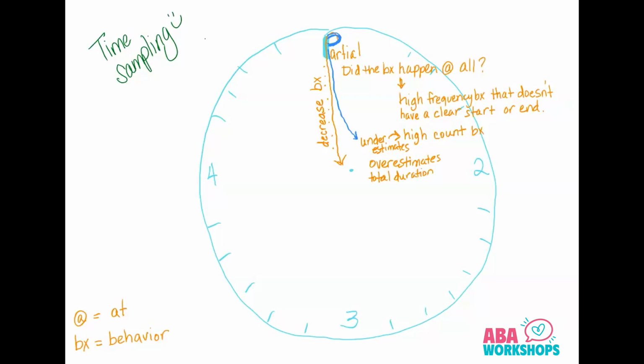You also could use maybe the A at the top here. It kind of looks like an O to help you with that one. Overestimates total duration. And that's that for partial. Those are the main tidbits to remember.